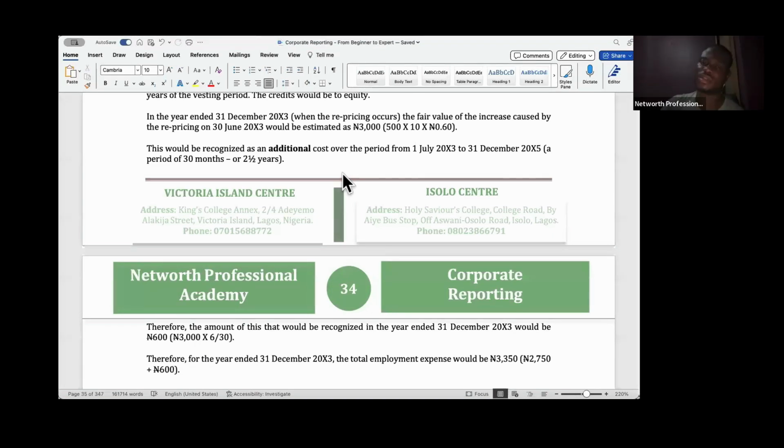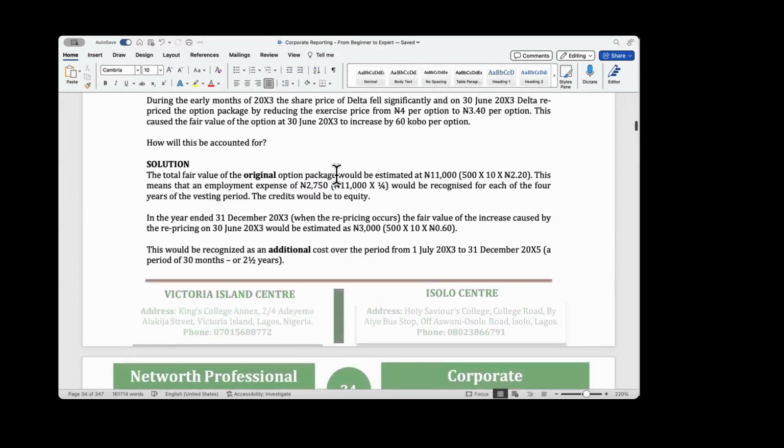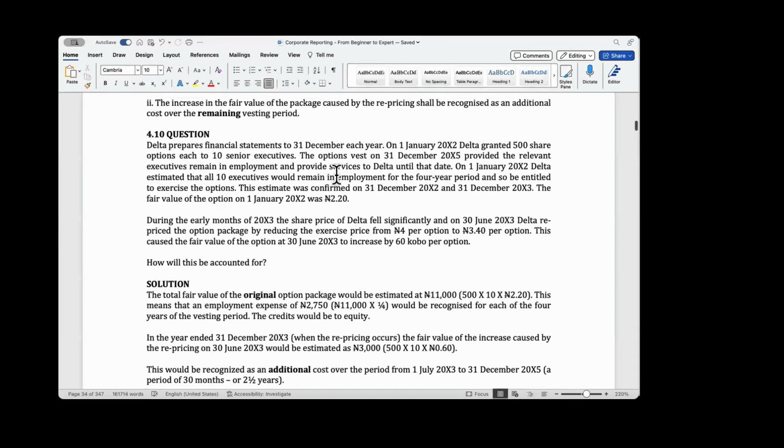Okay, please do ask. During your explanation, you said when the company's share price reduces, then the exercise price for the share option will also reduce. But in this case, the share price increased. I was expecting an increase in the exercise price instead of a decrease, but then they said the exercise price was reduced from 4 naira to 3.40 kobo.